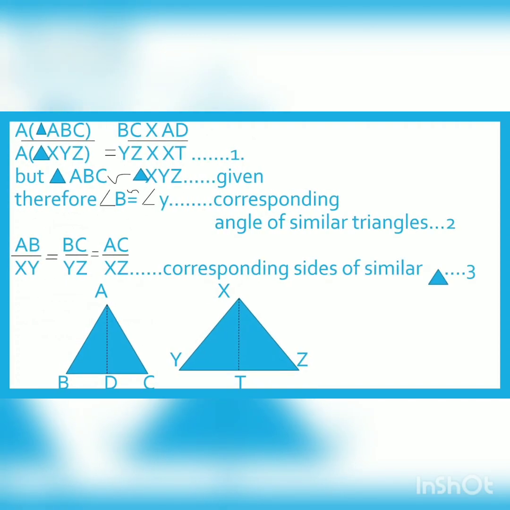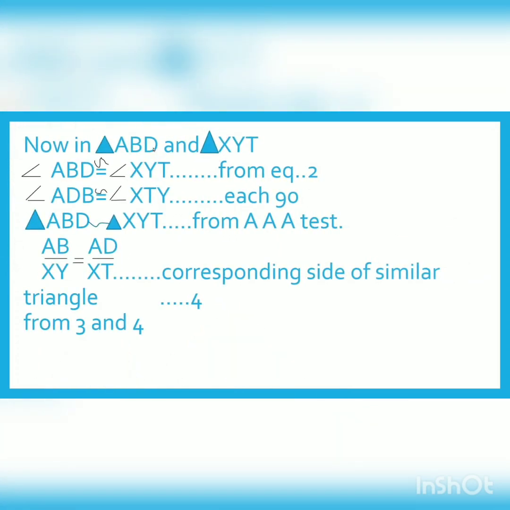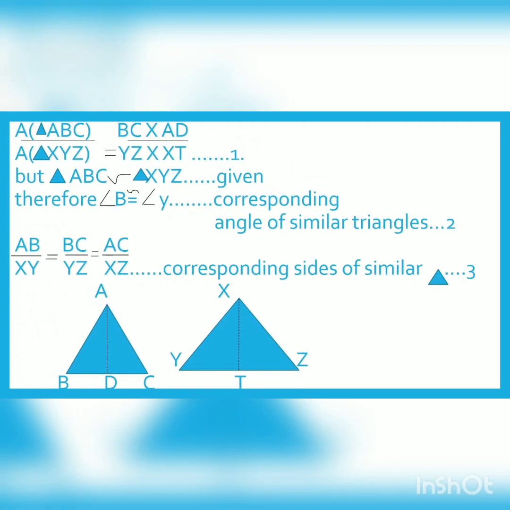So in ABC and XYZ from the figure, I write the area of triangle ABC upon area of triangle XYZ is equal to BC into AD, with BC the base and AD the height, upon YZ into XT.